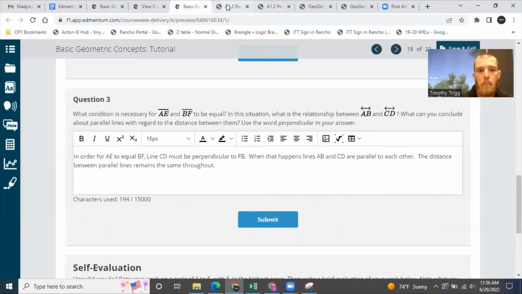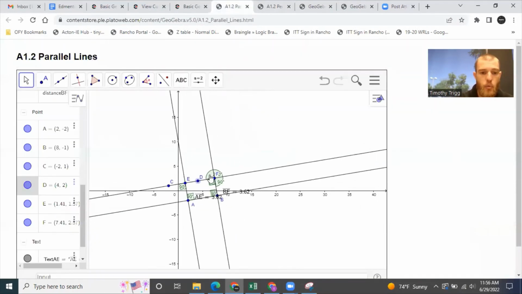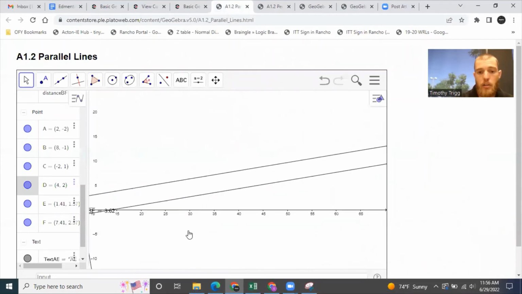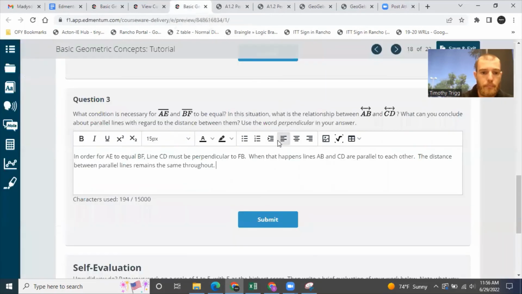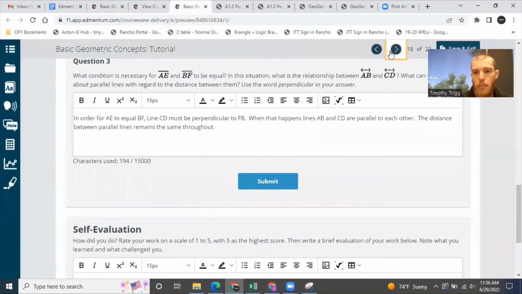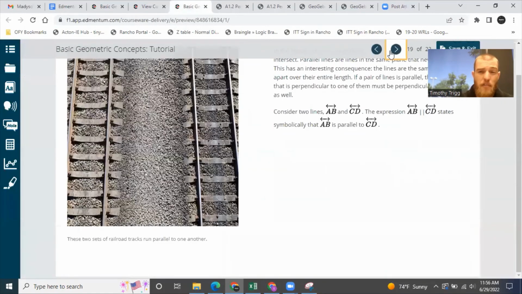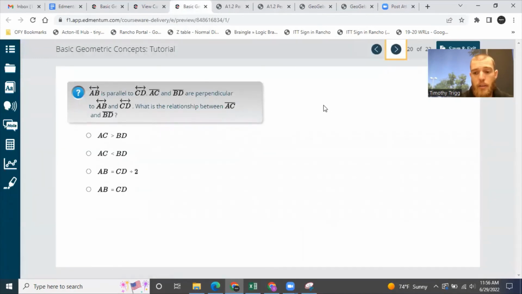Okay. And you can see that here. The distance between them here is the same as the distance between them here is the same as the distance between them all the way along, right? Okay, hope that made sense. Okay, if you followed along and you're able to get through it, then that's great.